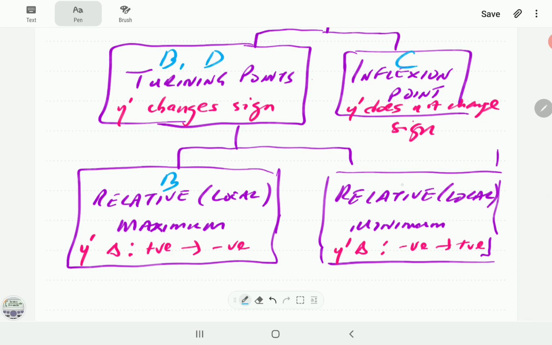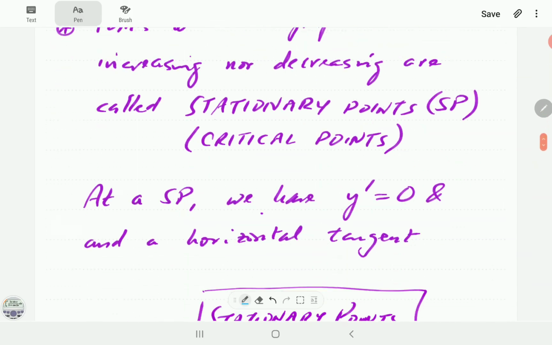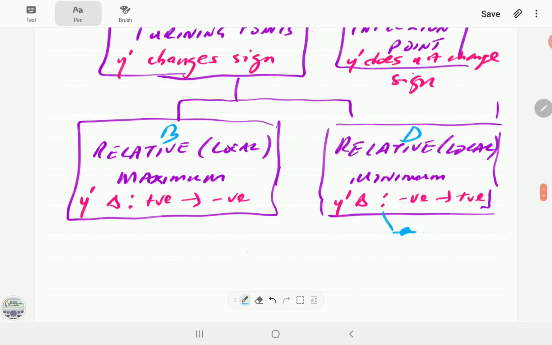And then D, you're going to find is a relative minimum, because what happens at D, on the left hand side the derivative is negative, which means downsloping. Then on the right hand side the derivative is positive.